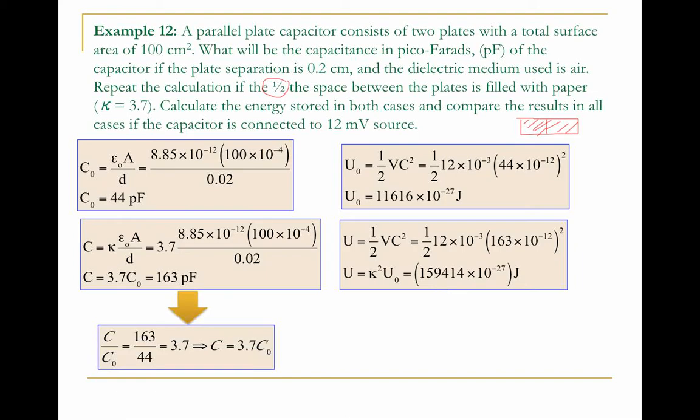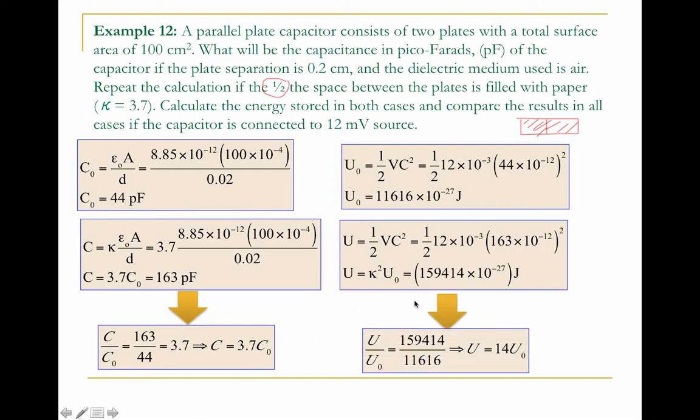And if we compare, we see that the ratio between C and C0 is 3.7, which is kappa, which means that C is equal to 3.7 C0. And if we look at U over U0, it is simply kappa squared. It's 3.7, around 4, so 16.